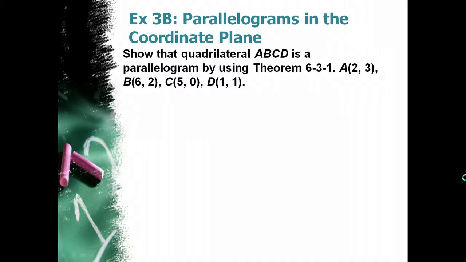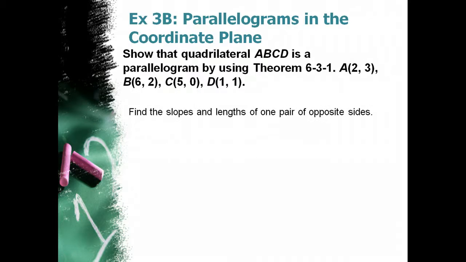Example 3b. Again, we want to show this by using Theorem 6.3.1. Find the slopes and lengths of one pair of opposite sides. Because this is where we said if one pair of opposite sides are both parallel and congruent, then it is a parallelogram. So let's look at AB. The slope of AB is negative 1/4.